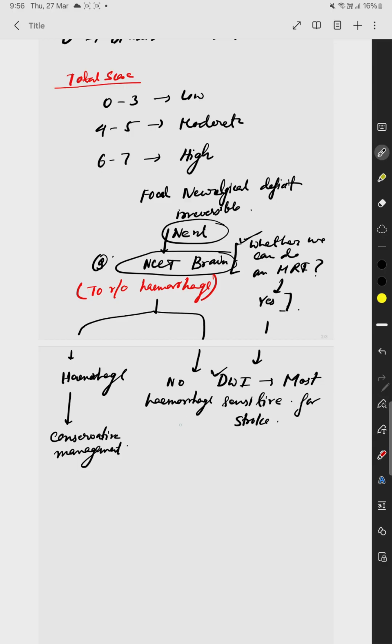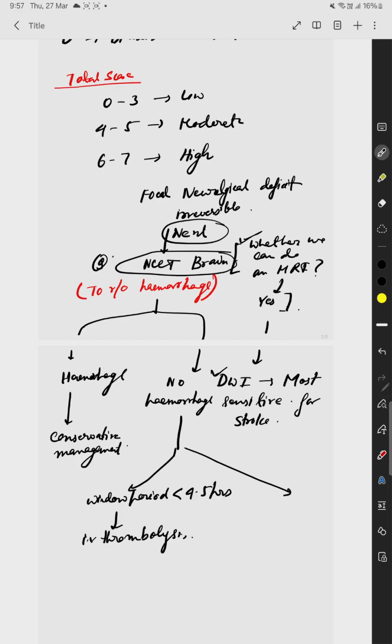If there is no hemorrhage, then we have to see the window period. If the window period is less than 4.5 hours, then we go for IV thrombolysis.